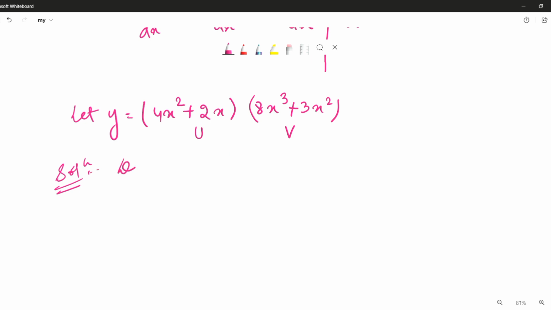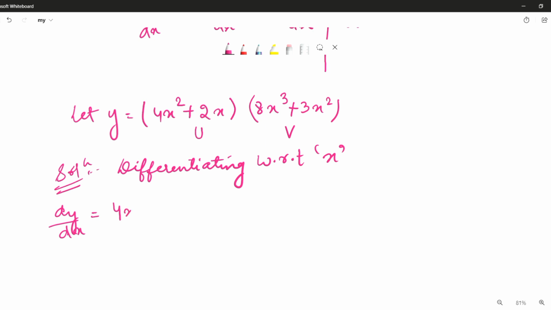Alright, solution, differentiating with respect to x. So dy by dx equals, taking u as constant, what is our u? 4x square plus 2x.